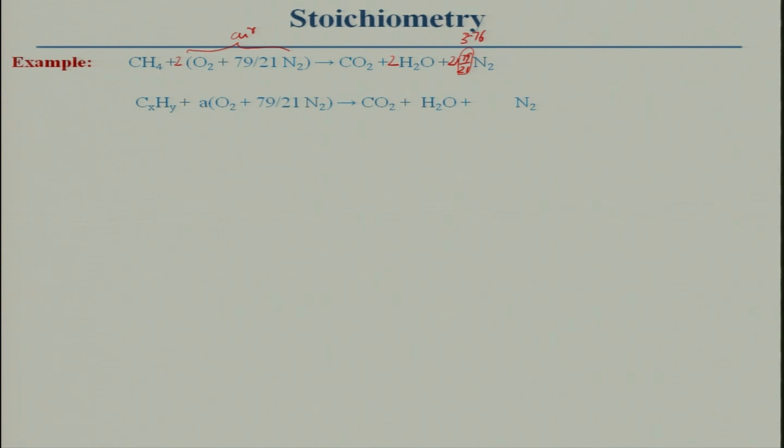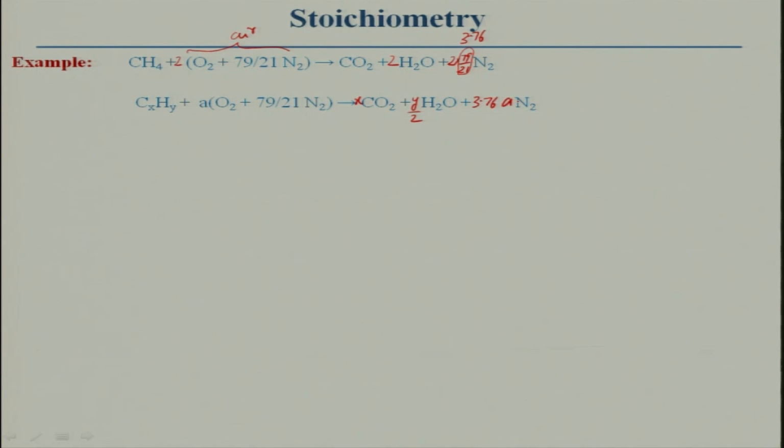For CxHy, I will put x for carbon dioxide, and in this space we can put y by 2 for water, and a is what we need to find out, and the nitrogen will be nothing but 3.76 a. We need to find out a. How are we going to do it?